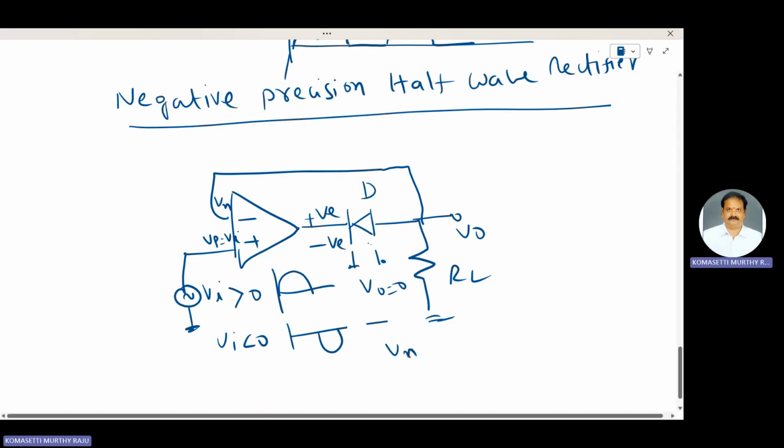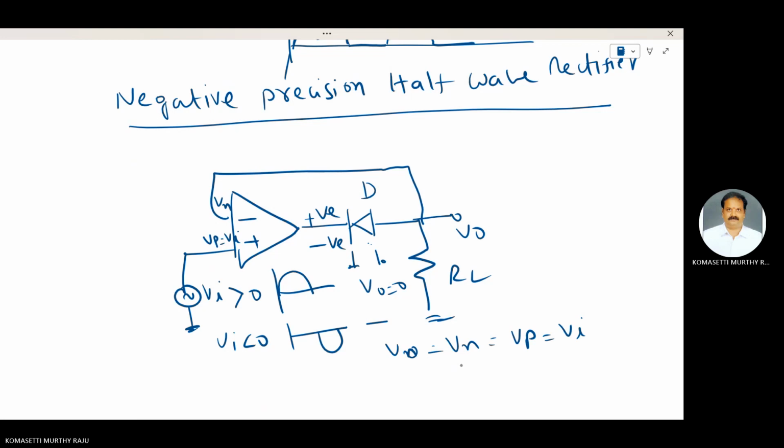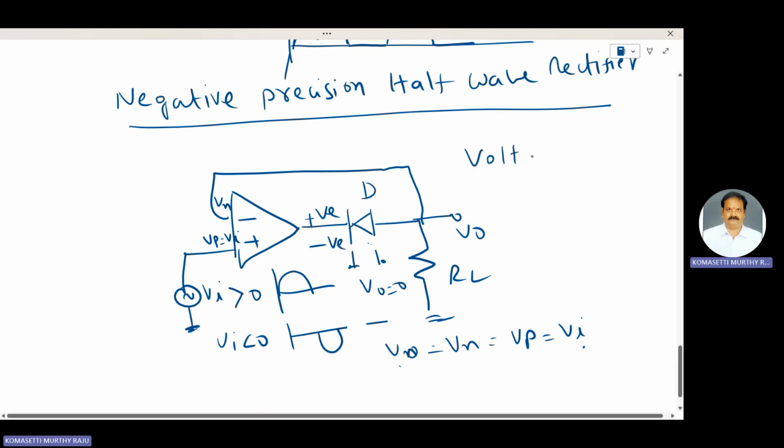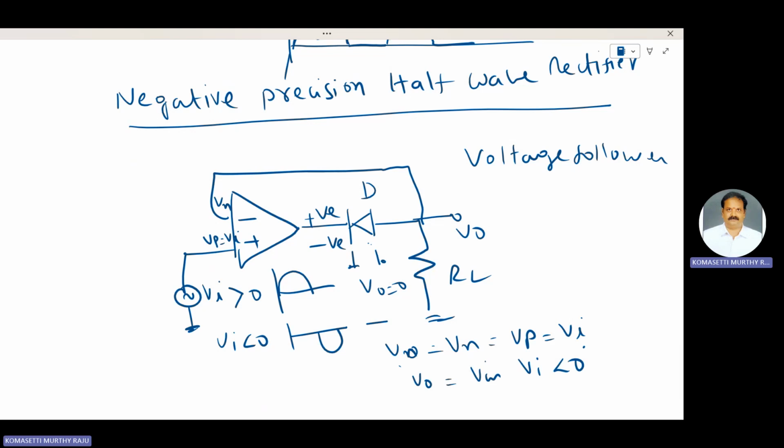Therefore, output voltage is equal to input voltage. This is a voltage follower. Output voltage is equal to input voltage when Vi is less than 0.